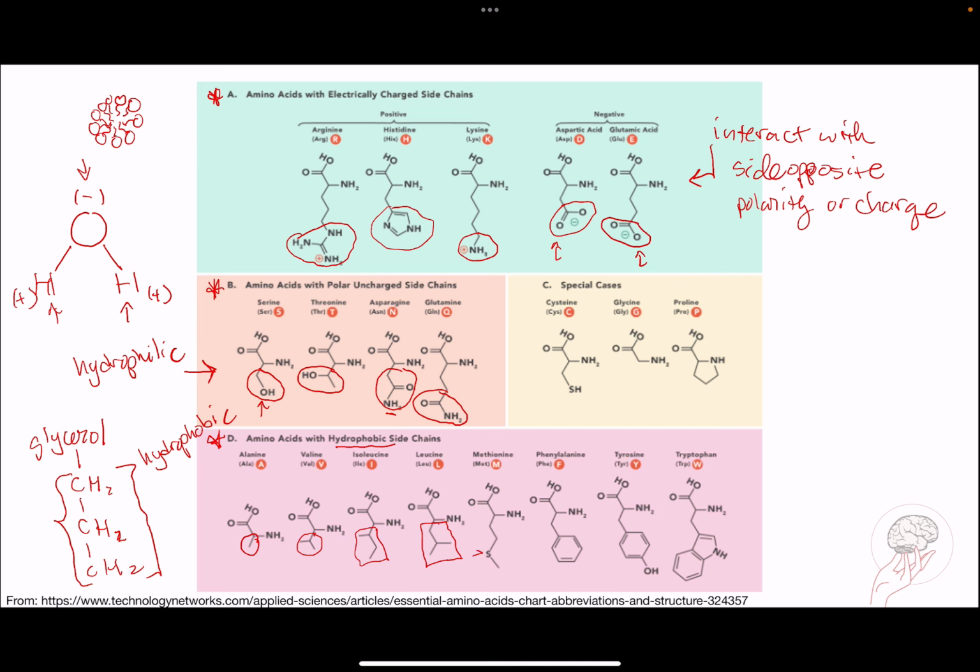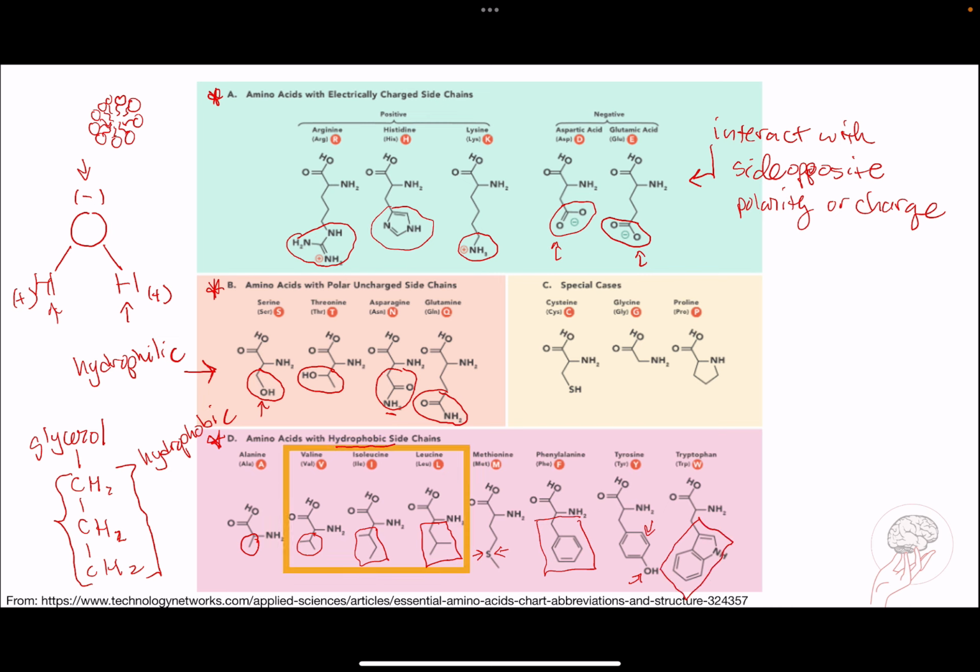Methionine is interesting because it does have a sulfur, although this is still hydrophobic. Phenylalanine, all carbons and hydrogens, hydrophobic. Tyrosine, this ring is hydrophobic, although this OH group is slightly polar. And then this group here is hydrophobic.